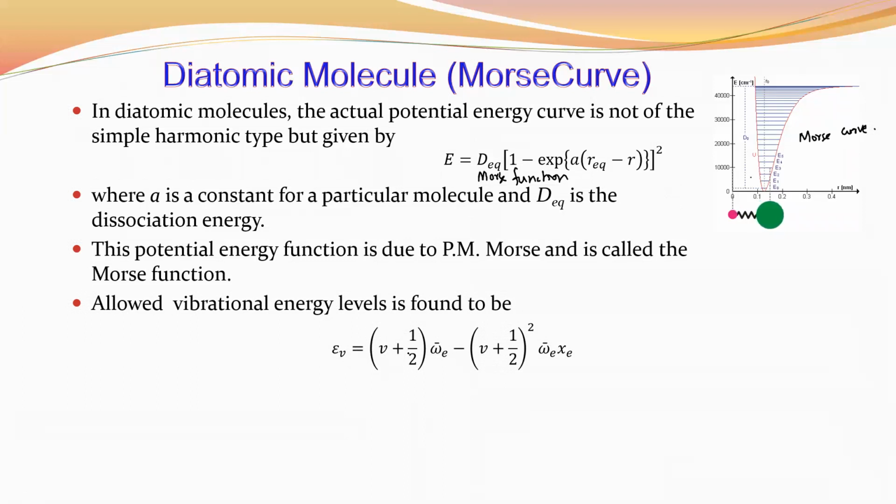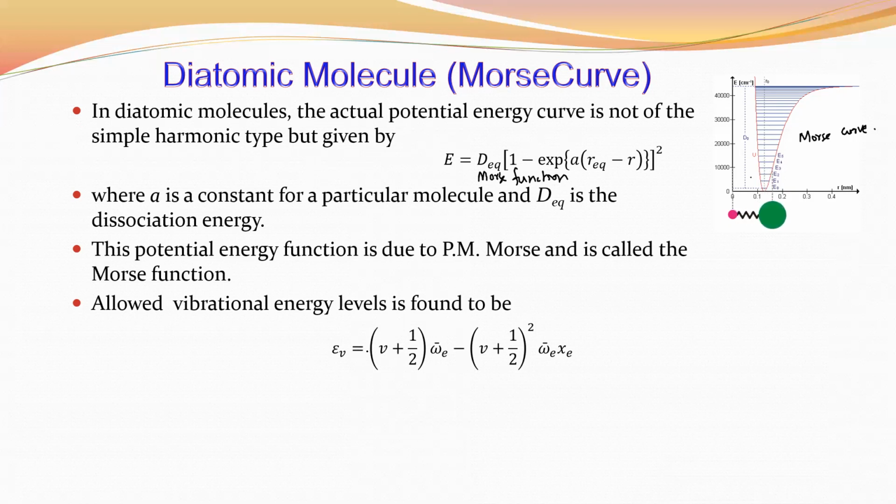In the case of simple harmonic motion, the vibrational energy is only v plus half nu bar. But in this case, there is some variation due to the Morse function.